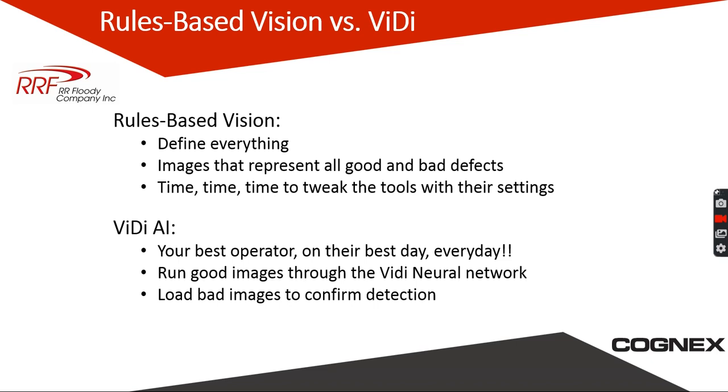With ViDi, it's a little bit different. You've got to think of ViDi as your best operator on their best day, every day. So what we really need is just a good set of good images to run through the neural network, and then we load bad images just to confirm that we can reject them.